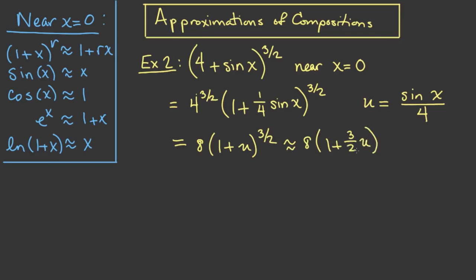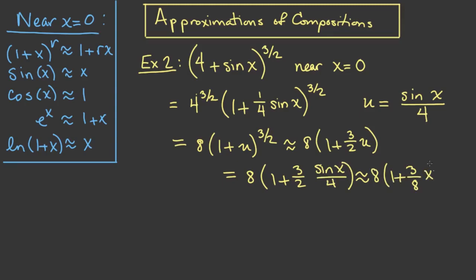Substituting sine x over 4 for u, we see that this is equal to 8 times the quantity 1 plus 3/2 times sine x over 4. And now I'm going to just take a linear approximation for sine x here, which is just x near x equals 0. So this is approximately equal to 8 times the quantity 1 plus 3/8 x.